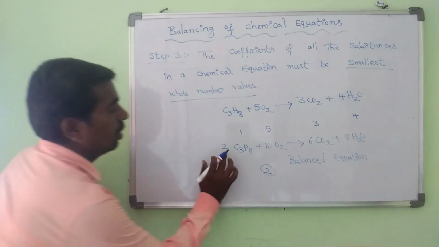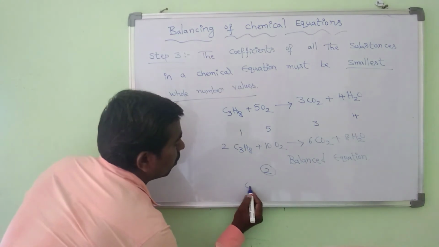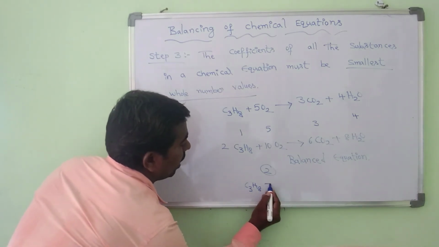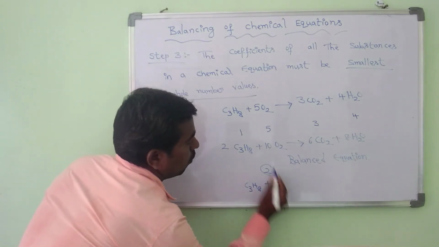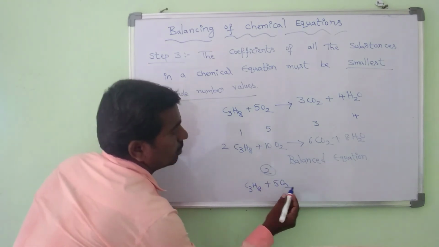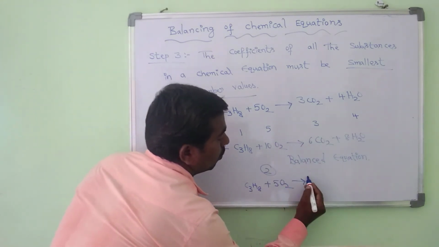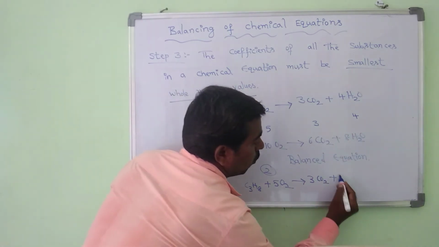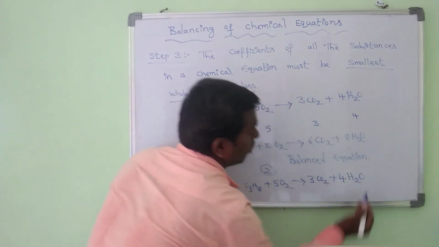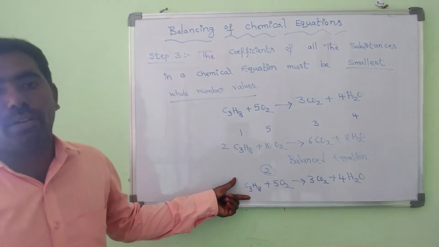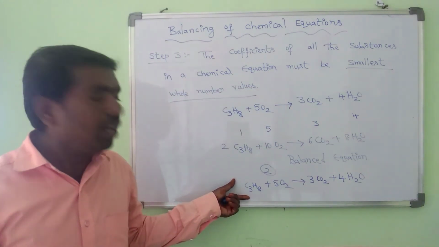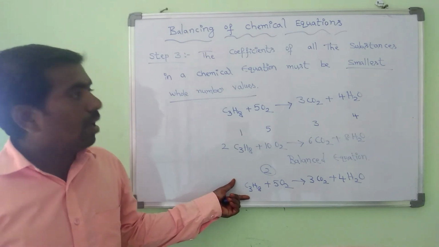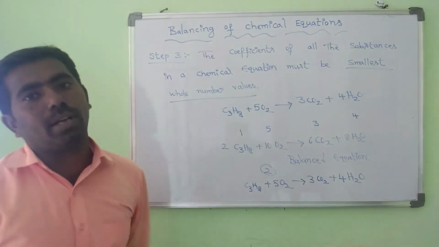Observe here: 2 divided by 2 becomes 1 C3H8 plus 10 by 2, 5 O2 gives 6 by 2, 3 CO2 plus 8 by 2, 4 H2O. In this equation, each and every coefficient is the smallest whole number.